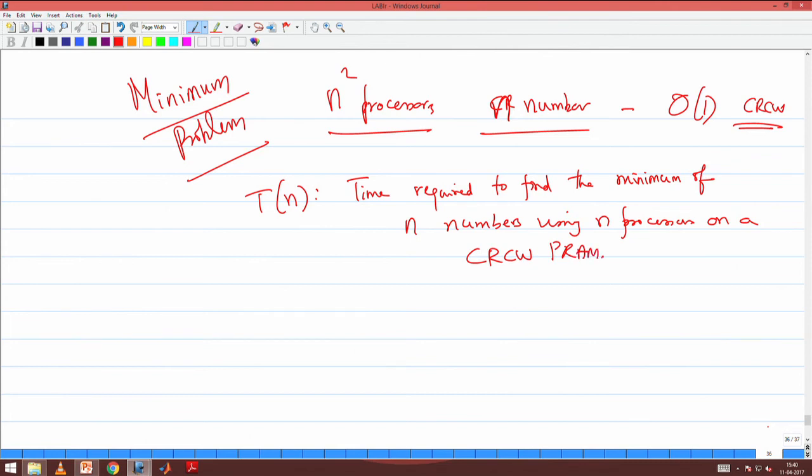Okay. Now what I do, if I have been given n numbers, I will split them up into chunks of root n each.